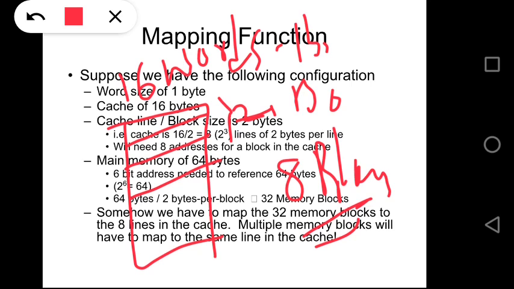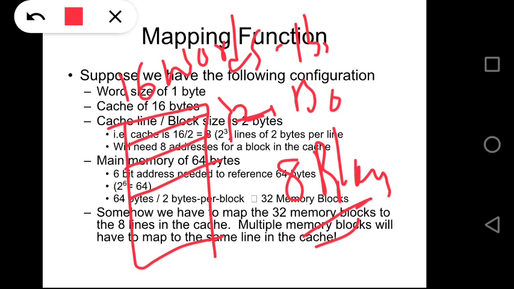So we need 8 addresses for the blocks in the cache. Each block should have a number, so first it is required to address which block. Since the cache memory accommodates 8 blocks, it needs 8 addresses. Main memory is 64 bytes, so 6 bits of address are needed. 64 bytes divided by 2 bytes gives 32 memory blocks, mapped to 8 lines in the cache.